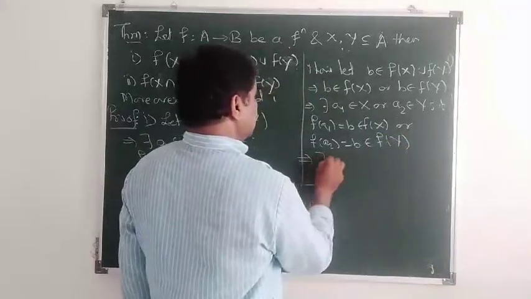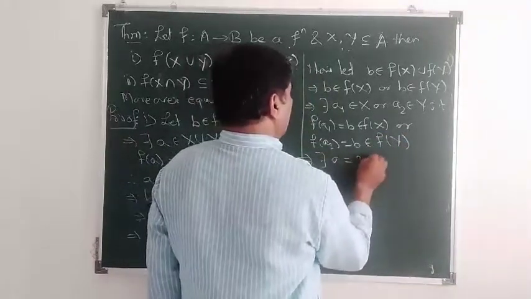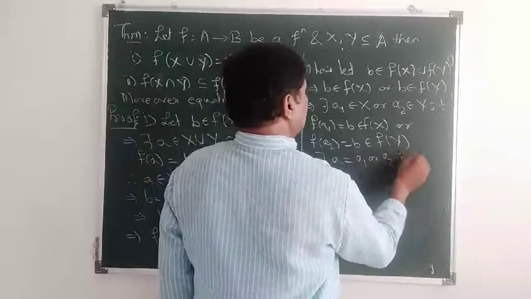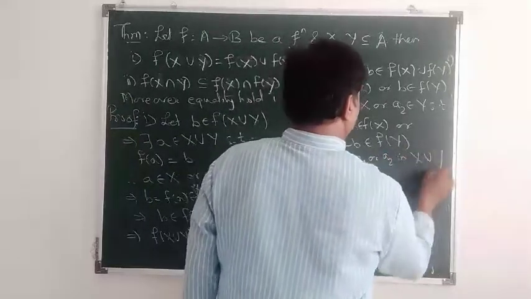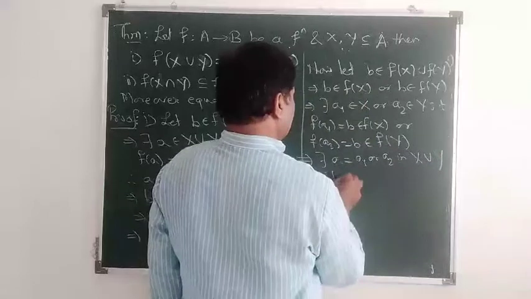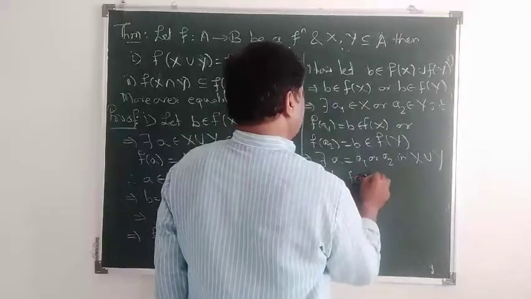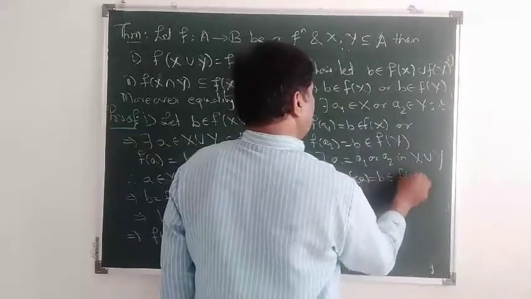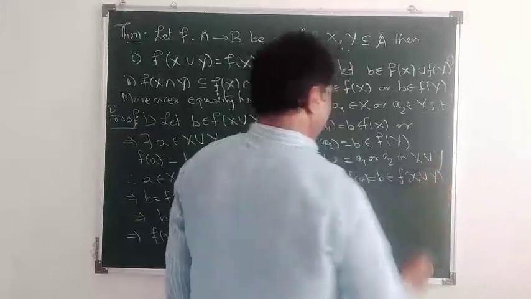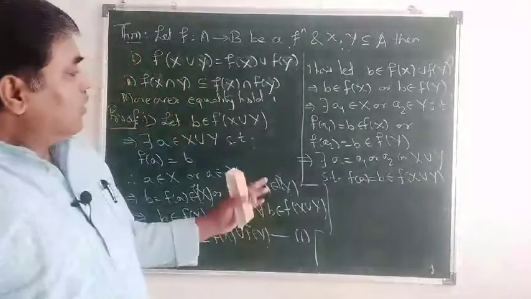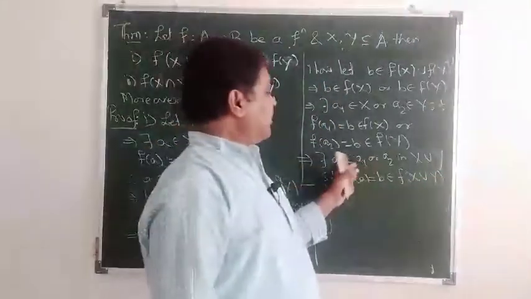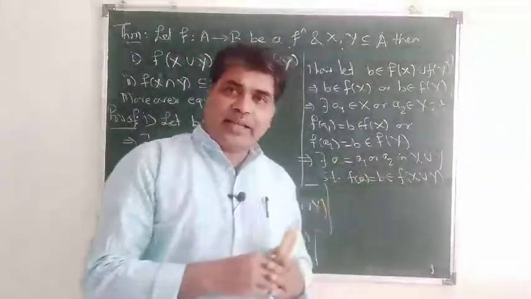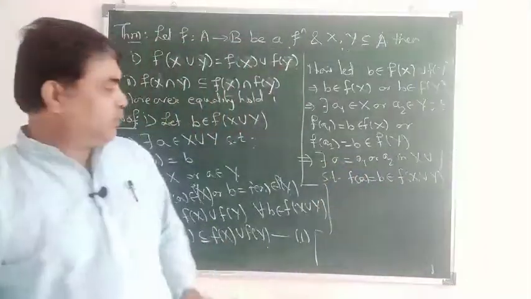This implies there exists A equal to A1 or A2 in X union Y, such that F of A equal to B belongs to F of X union Y. So, if there are two premises, then I can take A equal to A1 or A2.